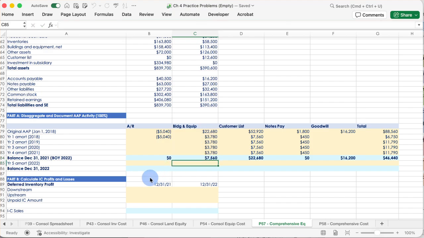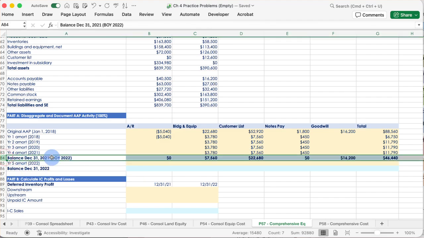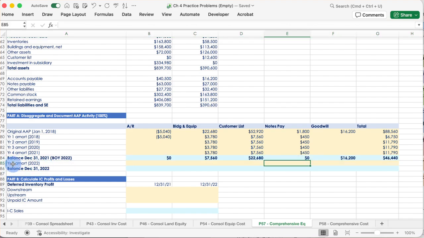But either way, what we're trying to get to is a balance at the beginning of the year of 0 for the AR, building and equipment, customer list, notes payable, goodwill, and a total. It's also important to see that notes payable has now zeroed out, so there's not going to be any amortization for this year, 2022. Same thing, the AR has already been zeroed out, so that's also going to be 0 for the year 2022.